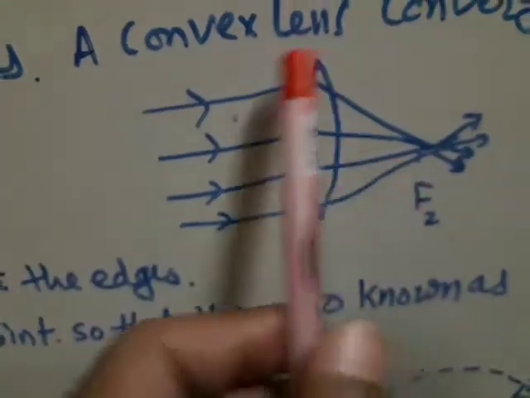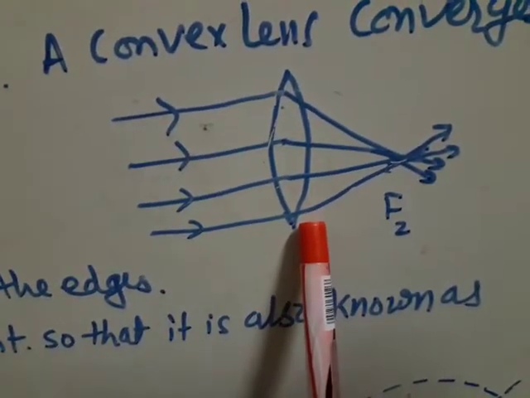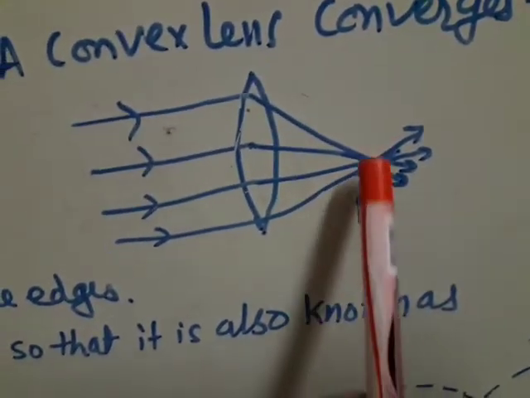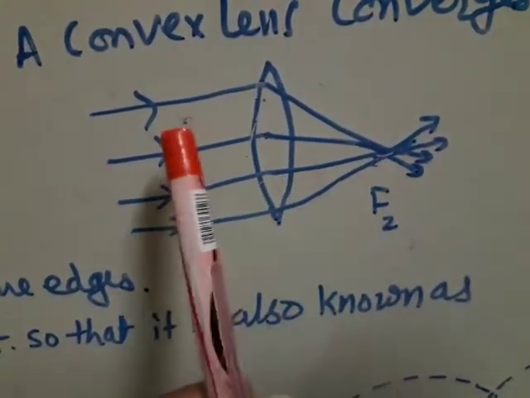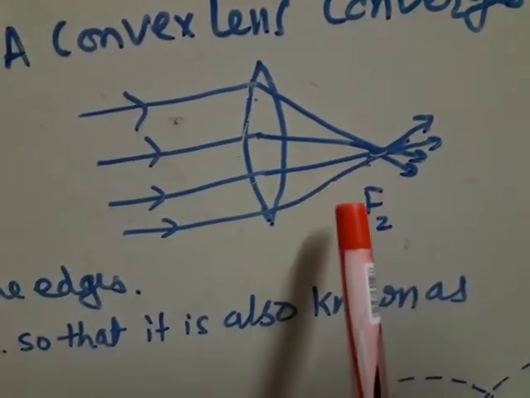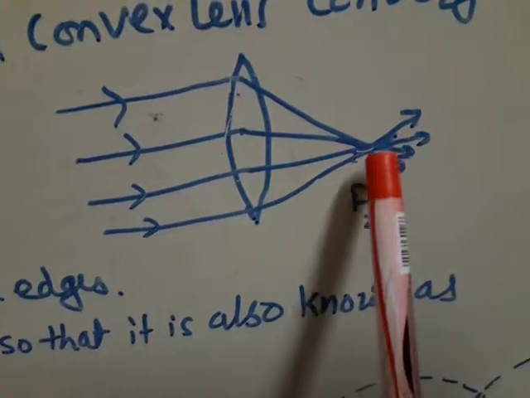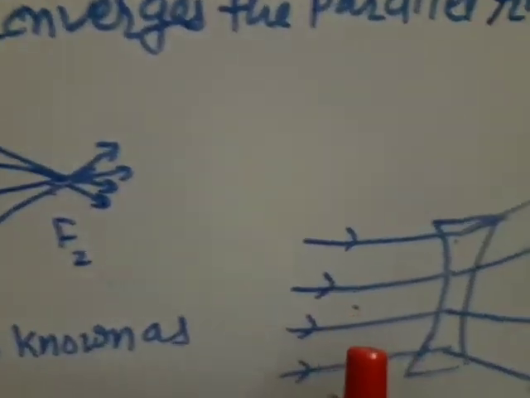Therefore, this type of lens is known as a converging lens. The point where all parallel rays intersect after refraction is called the principal focus or second principal focus.